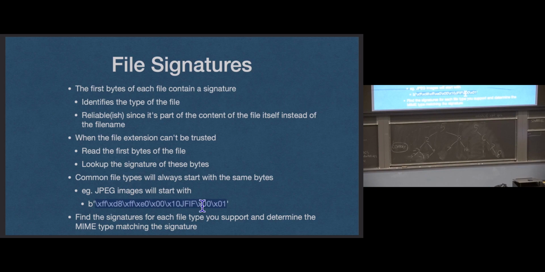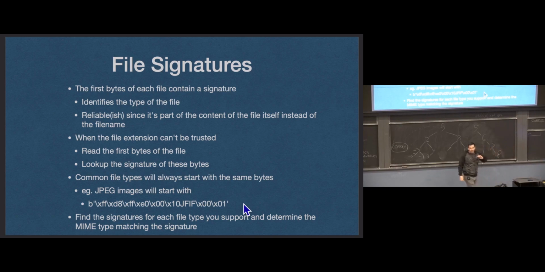So you have 4 file signatures, and you say, which one is it, if it's any of them? So you take the bytes of the file and say, does it start with these bytes? If it does, it's a JPEG. Every JPEG starts with these bytes. It's the file signature. I think it's partial. I think I cut off some of it for the slide. But every JPEG is going to start with those bytes. So if the file starts with those bytes, it's a JPEG.